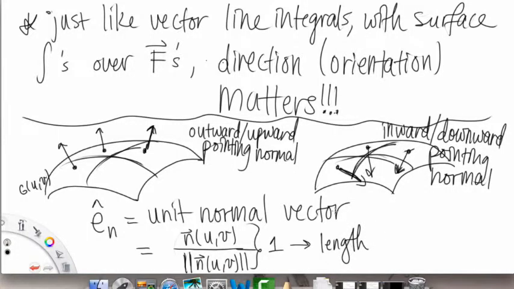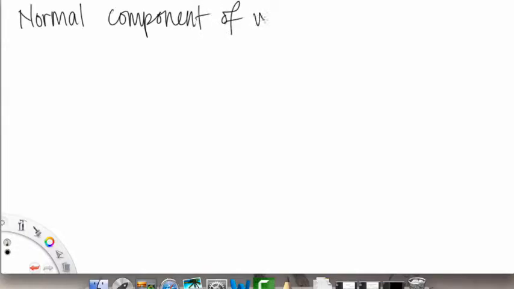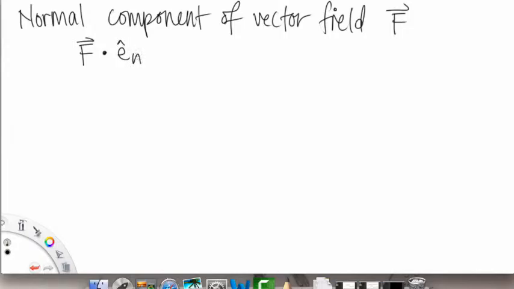The reason we're interested in the unit normal is that for the surface integral of a vector field, we are interested in the normal component of vector field F, or G, or whatever they call it. The way you get the normal component is by dotting it with your unit normal.